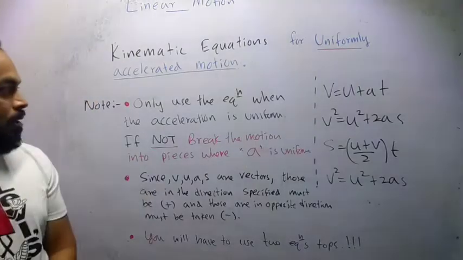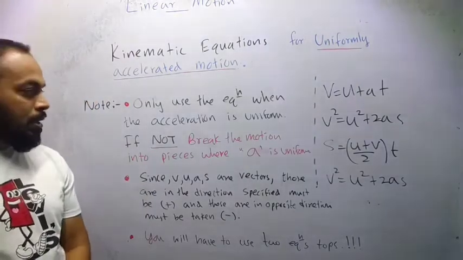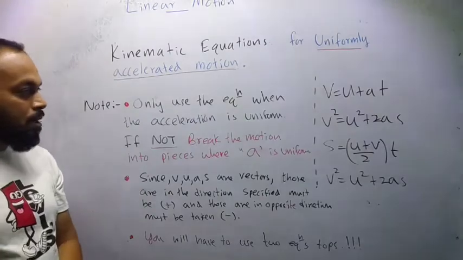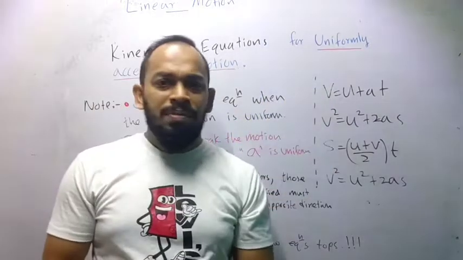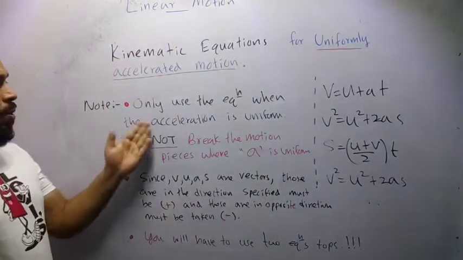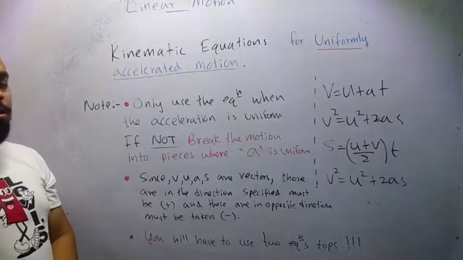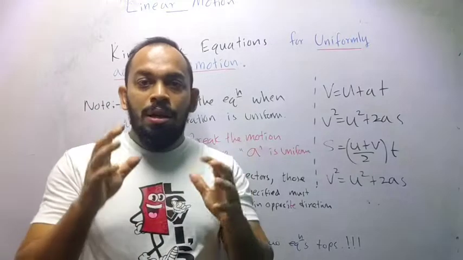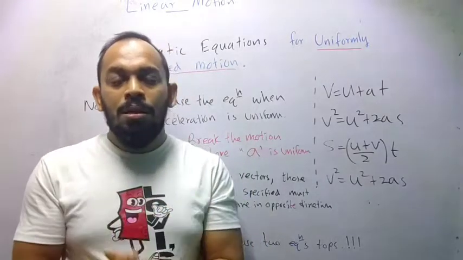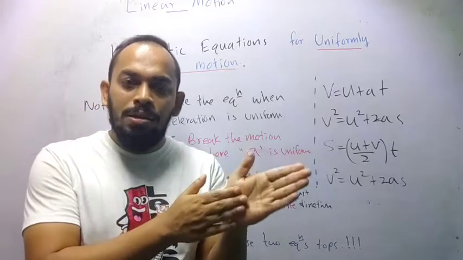Right. A few things to be noted here before we begin solving problems. This is the theory part. Only use the equations when the acceleration is uniform. As I mentioned, we built these equations based on the fact that the acceleration is uniform.